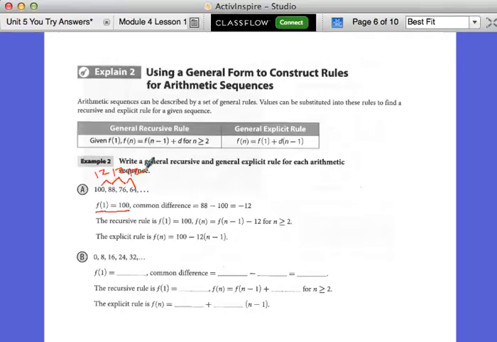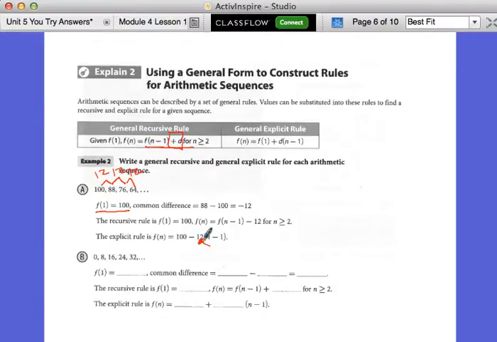Right? So then for your recursive rule, in general, it's going to be f of n is equal to f of n minus 1 plus d, and n has to be greater than or equal to 2. That's telling you that your domain numbers have to be 2 or larger. So in this case, I would plug in for d, and when I plugged in for d, I plugged in 12.